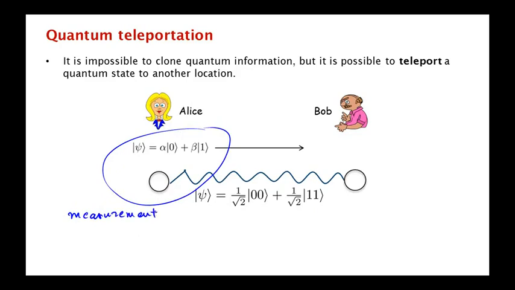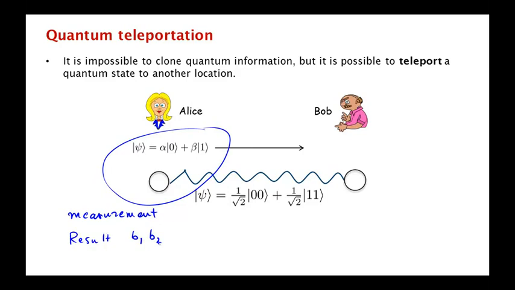Okay, what's the result of this measurement? Well, she's measuring 2 qubits. The result is she gets 2 bits of information. Let's call them B1 and B2. These are classical bits, right? It's 0, 0, 0, 1, 1, 0, 1, 1.